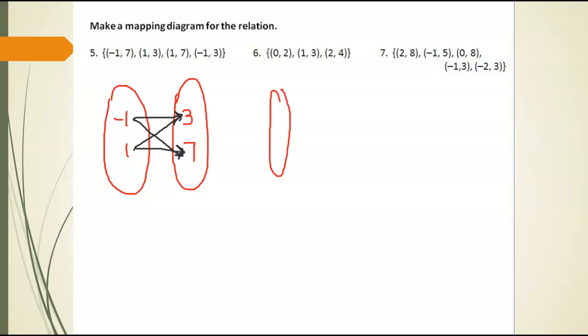Number 6, our domain is 0, 1, 2. My range is 2, 3, 4. 0 maps to 2. 1 maps to 3. 2 maps to 4. So my relation is a function because for every x, there's only one y.